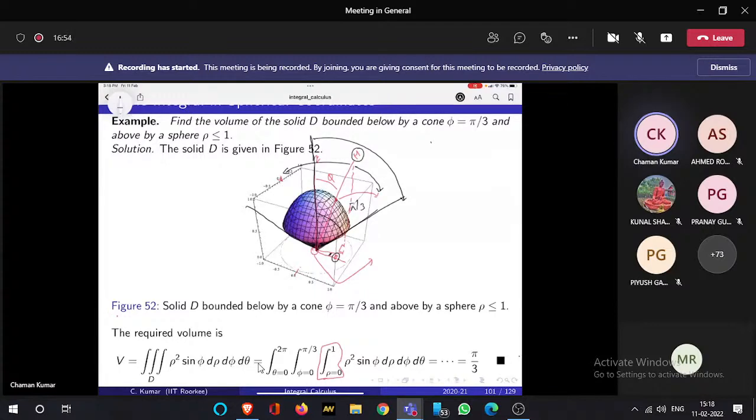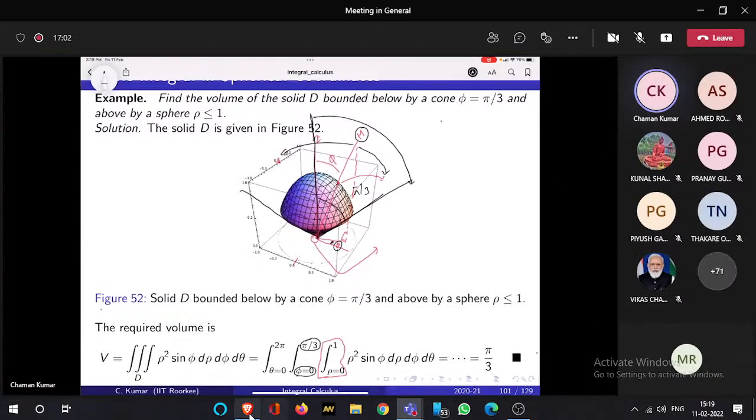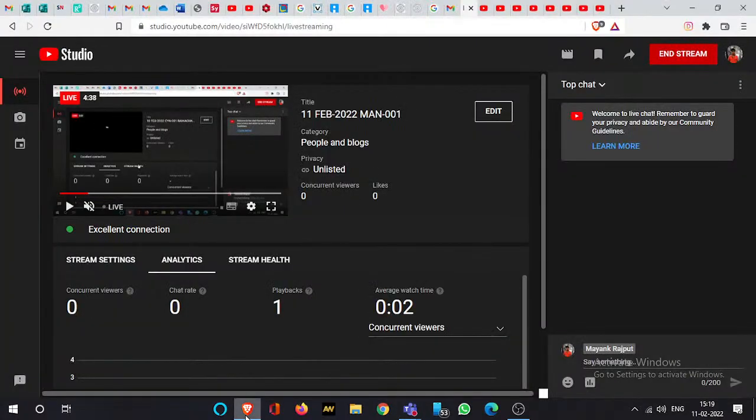So the limit of phi will be 0 to pi by 3, and then you rotate the value of theta in the projected region. The projected region is this circle. This is R, the projected region. So if I rotate the value of theta in the circle, the range of theta will be from 0 to 2 pi, because the projection is a circle. So the range of theta is from 0 to 2 pi. So you get this range.